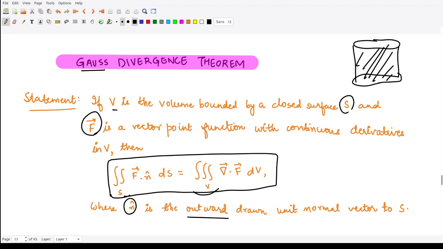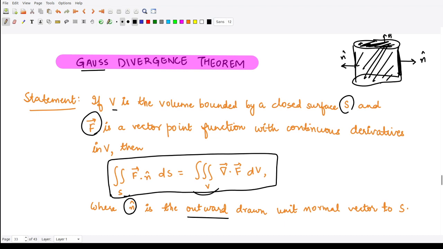So this n cap would be, if we are talking about this surface, a perpendicular vector pointing outwards from this surface. And if we are talking about this particular surface, our vector n would be the outward normal to this particular surface. So this would be our vector n. Similarly for this surface, it would be this vector n cap.